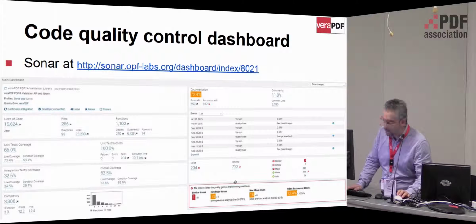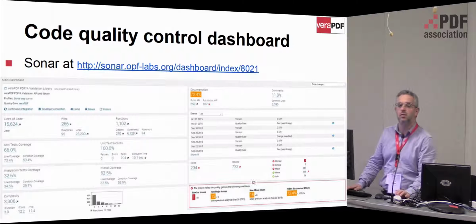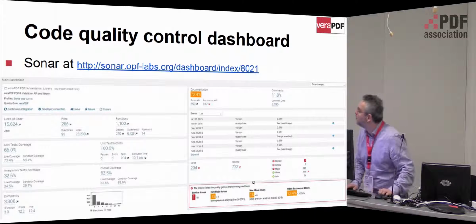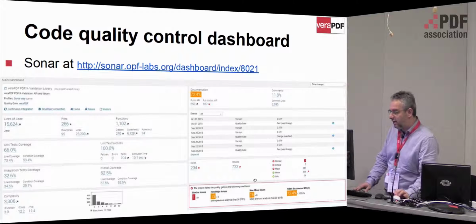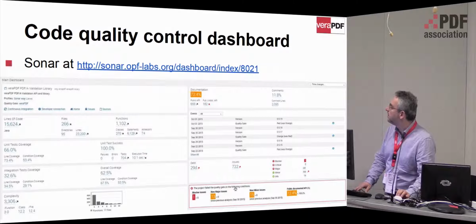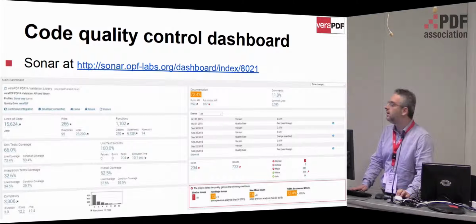In this particular case, one of our quality gateways is that there should be no blocker issues reported by Sonar. And here's an example of a condition when this quality control check fails, and our developers have to go and fix this even before anything else happens.